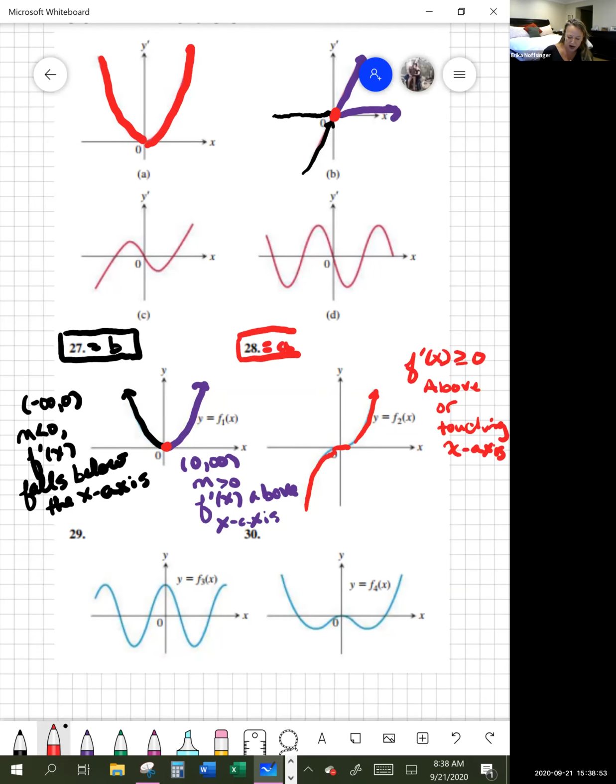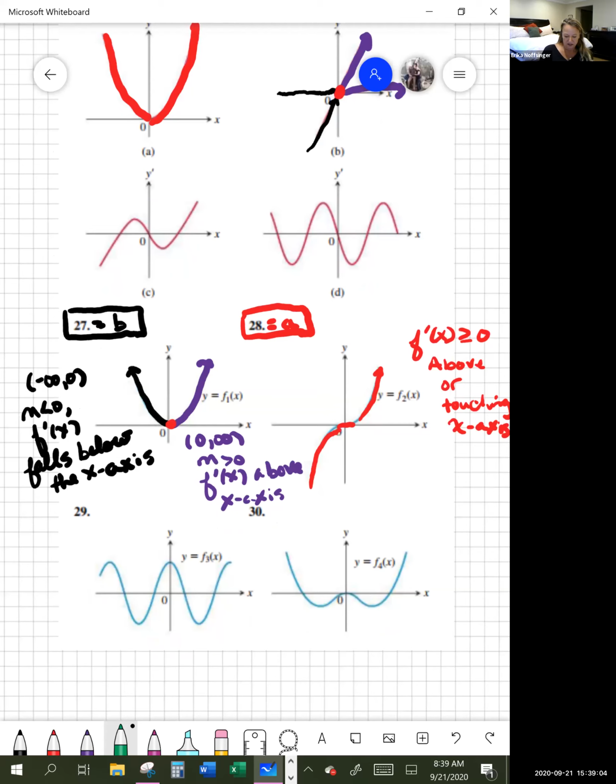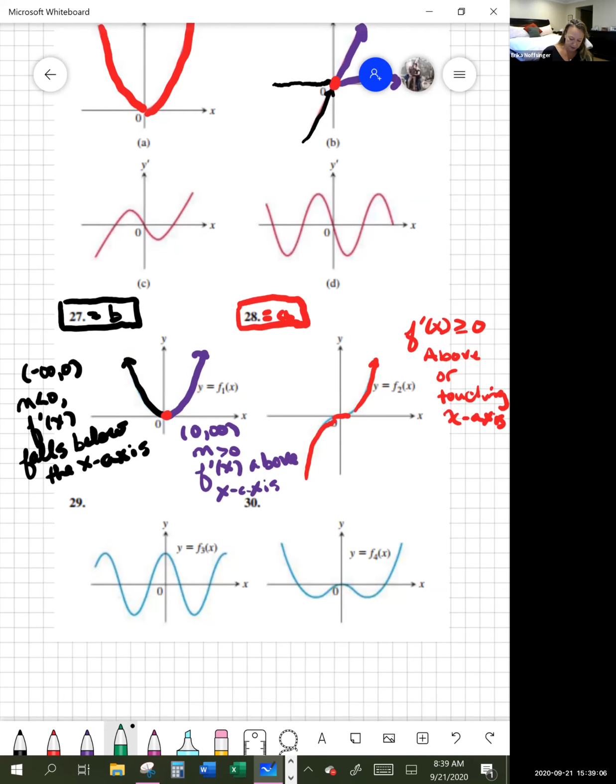So in a way, we're kind of cheating because we have those graphs to look at and see, do they match with what it's talking about? So this one right here, notice you have a lot of max and mins. So these would be all values where our slope is 0. The values where f prime of x equals 0.